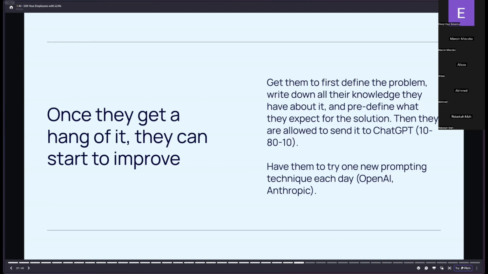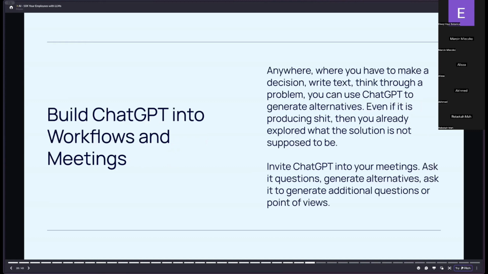Try one new prompting technique each day. That's the key to improving with ChatGPT: trying a lot of different stuff and trying to learn something new every day. And you can also build it into workflows and meetings. In any meeting I run, I have ChatGPT open and ask it to generate alternatives, ideas, questions to ask, and stuff like that.